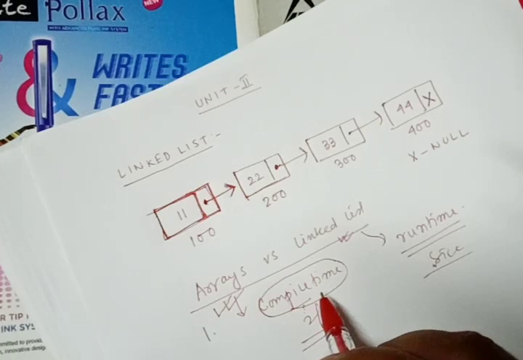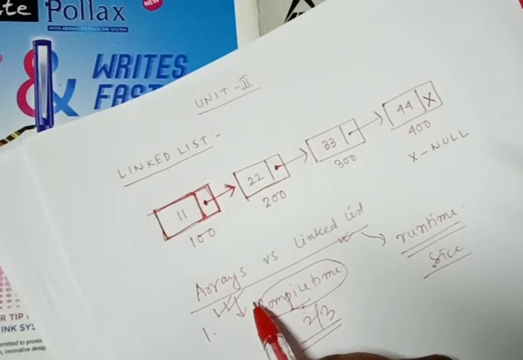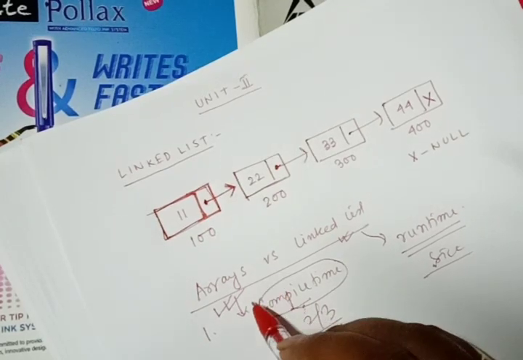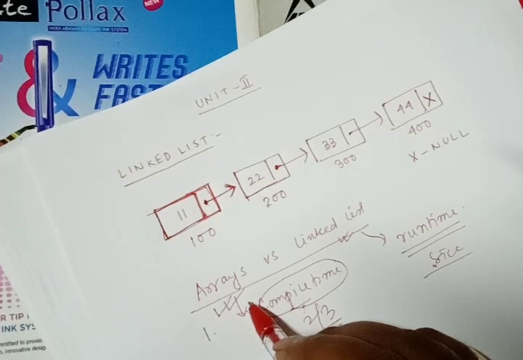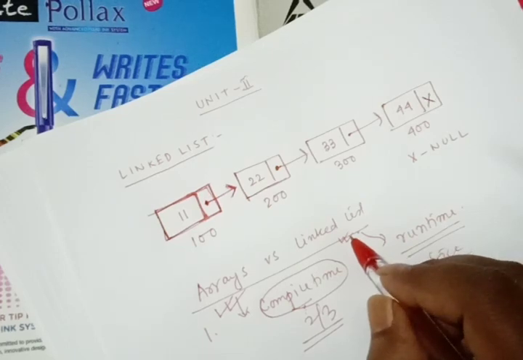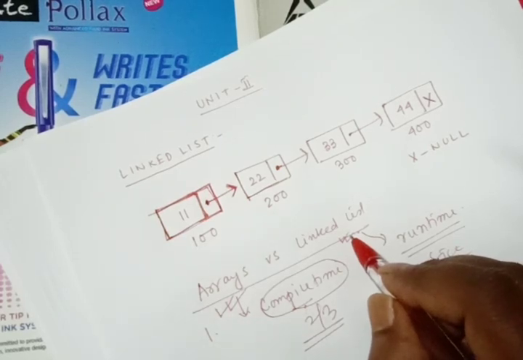Also, one thing here you see is that arrays support random access, which means that we can access any element directly using its index. But a linked list supports sequential access, which means to access any element in the linked list, we have to sequentially traverse the complete linked list up to that element.